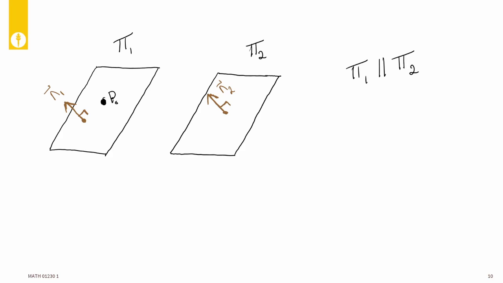They're parallel, so that's going to be the same direction or a complete opposite. Magnitude doesn't matter. All that matters is the direction. So N1 and N2 also have to be parallel.